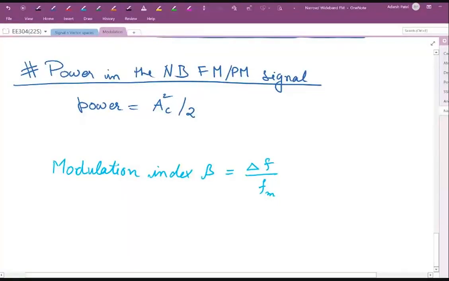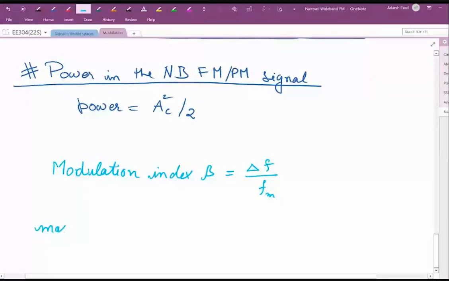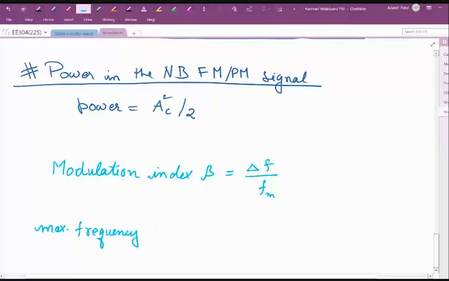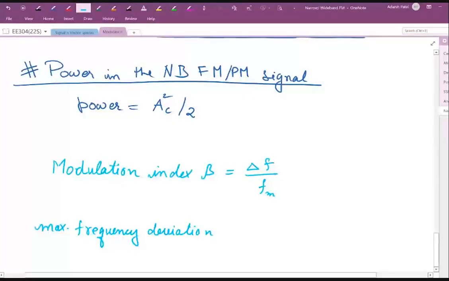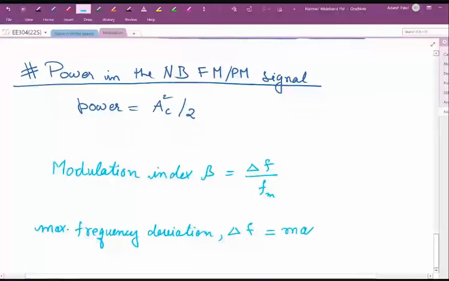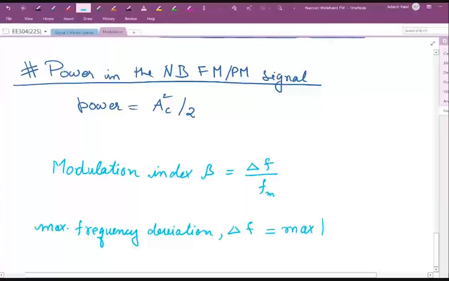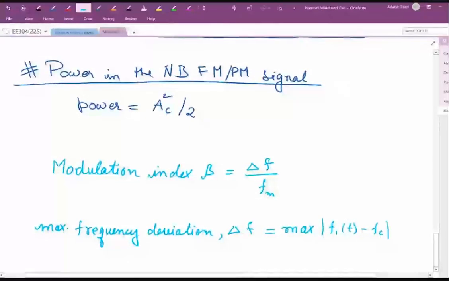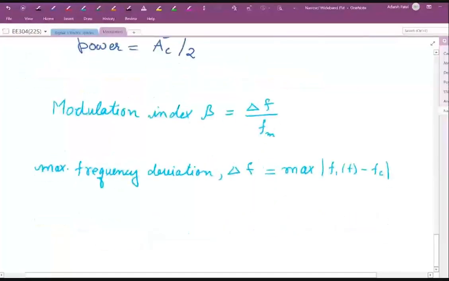The maximum frequency deviation, delta F, is given by the maximum of the instantaneous frequency minus the carrier frequency. Okay, this is how maximum frequency deviation is given.